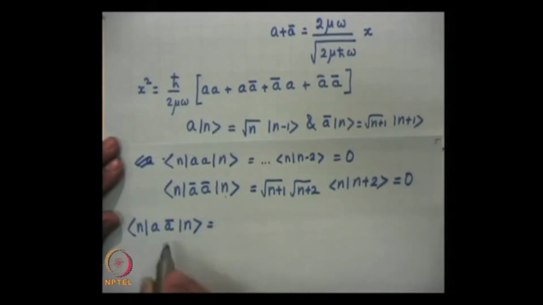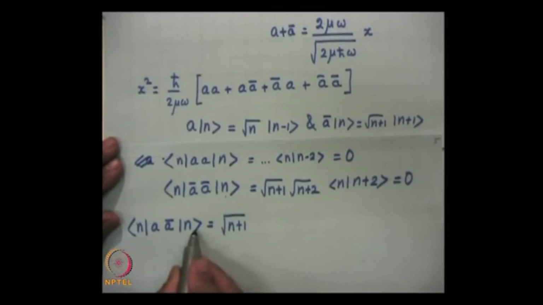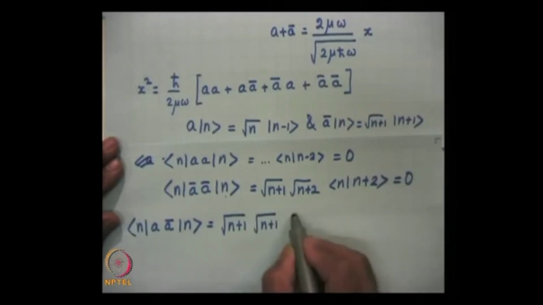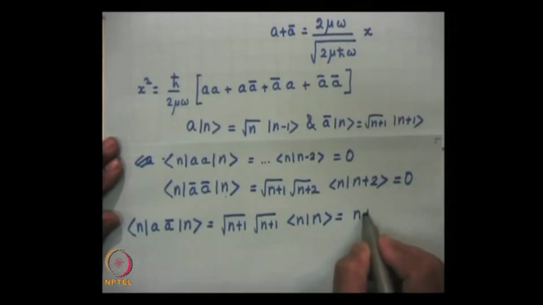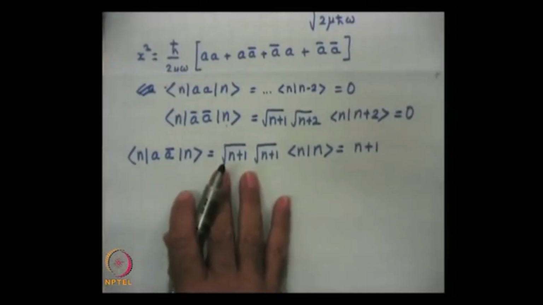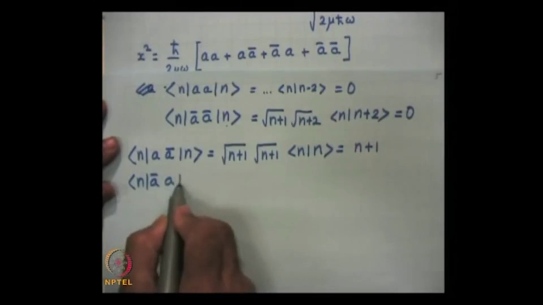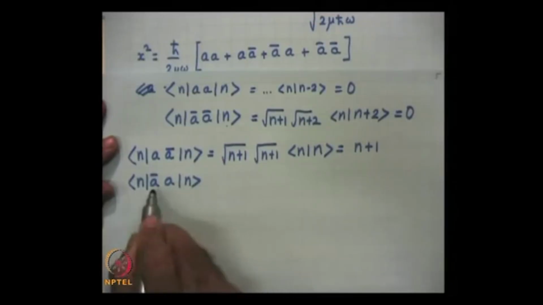So, this is very easy to calculate. This will be square root of n plus 1 times bra n A ket n plus 1, and A ket n plus 1 is square root of n plus 1 ket n. So, this will be n plus 1. And then you will have bra n A bar A ket n, which will be square root of n and then square root of n.